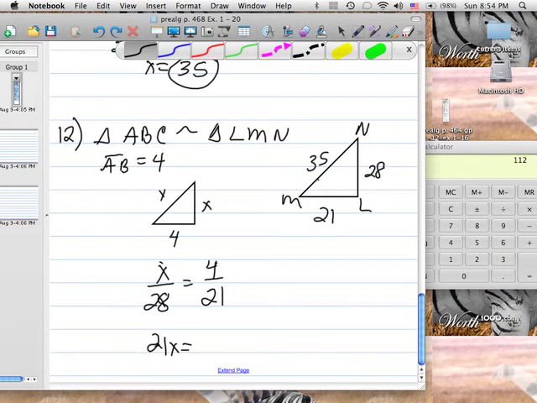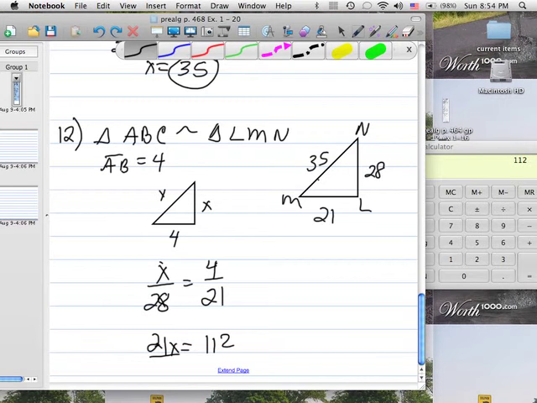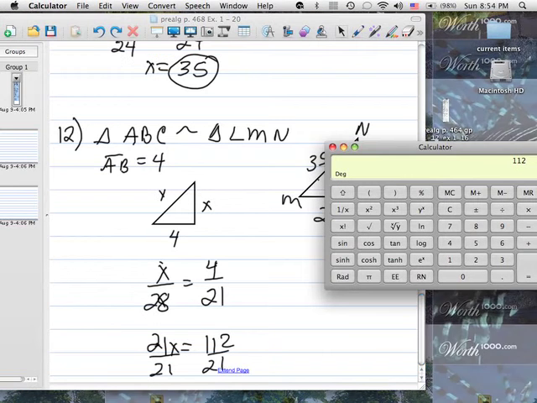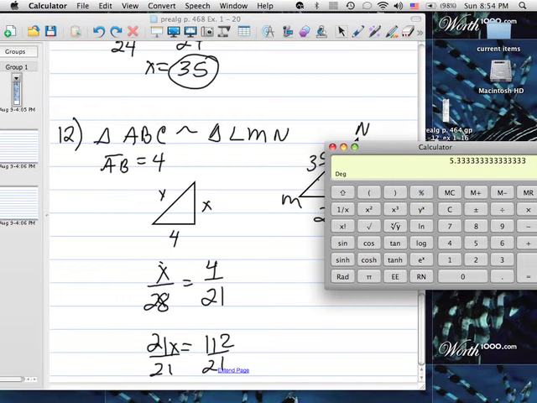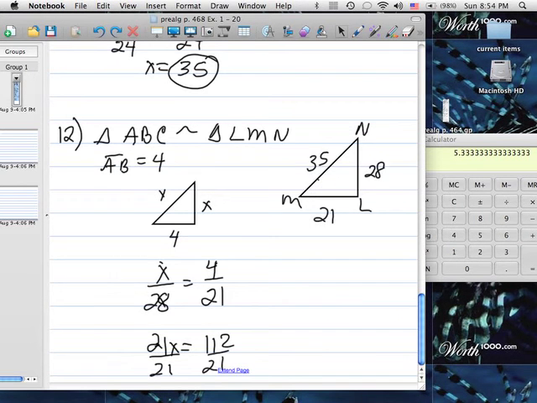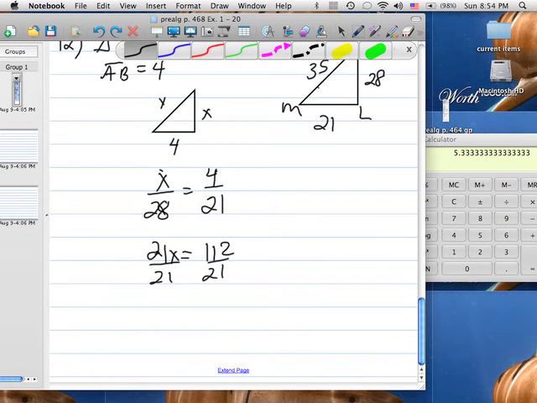It's going to come out the same, but I just wanted to make sure we keep it similar to what we've been doing. And divide that by 21, and we get 5 1/3. So x is 5 1/3.